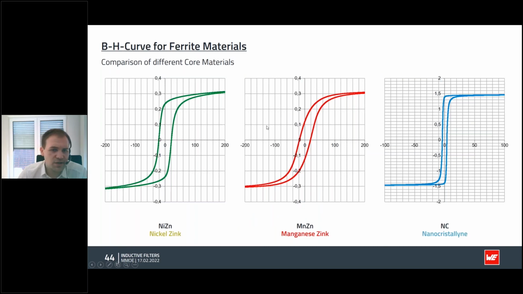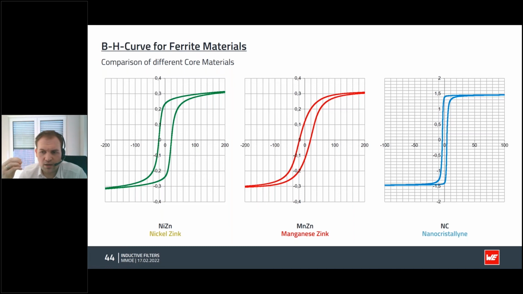Of course, these saturation curves or these BH curves will again look different for all the different core materials that we have. Here we have the nickel zinc and manganese zinc, but we also have a very special core material which is called nanocrystalline. And as you can see, you have a very high or steep curve in the beginning of the curve, meaning that we have very high permeability.